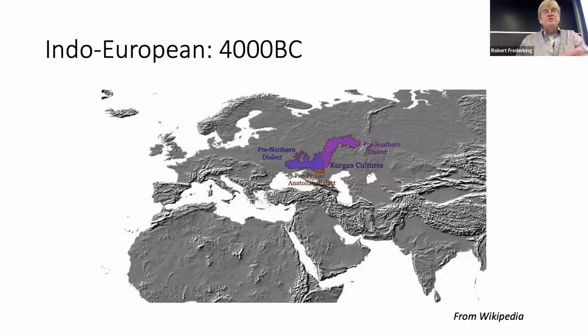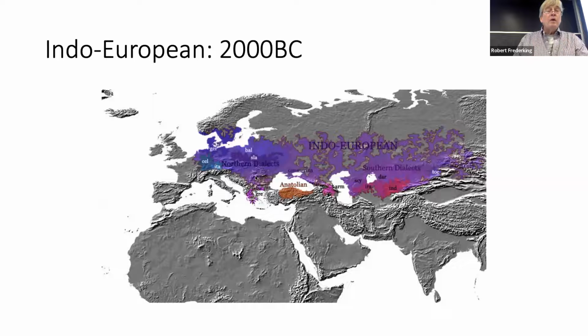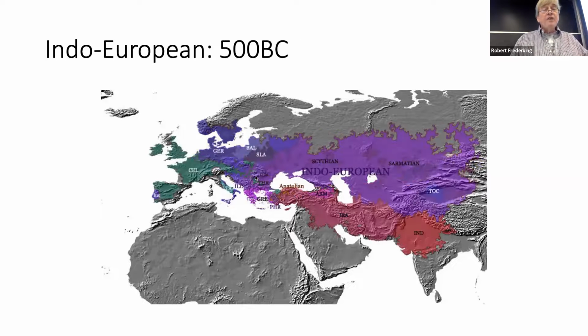So starting 4,000 years ago, somewhere around Ukraine, they started spreading out like crazy. And by 500 BC, they had replaced almost all of the native European languages. They had spread all through the northern part of the Middle East and all the way to India. The Sanskrit speakers in India came from the same explosion.